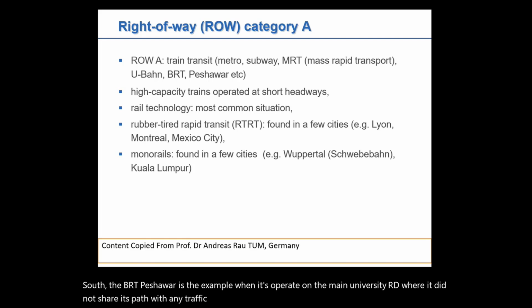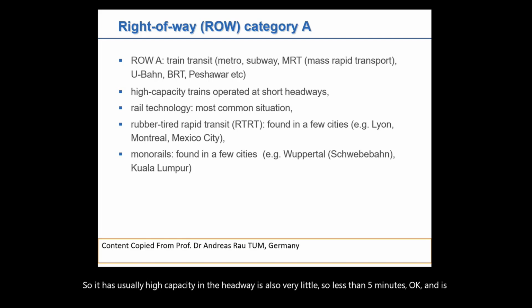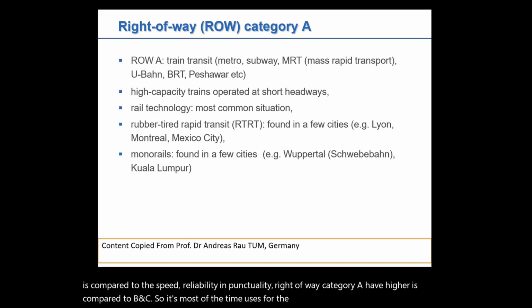Okay. So it usually has high capacity and the headway is also very small, less than 5 minutes. Okay, and compared on speed, reliability, and punctuality, right of way category A is higher compared to B and C. Okay, so most of the time it's used for railway technology or railway development.